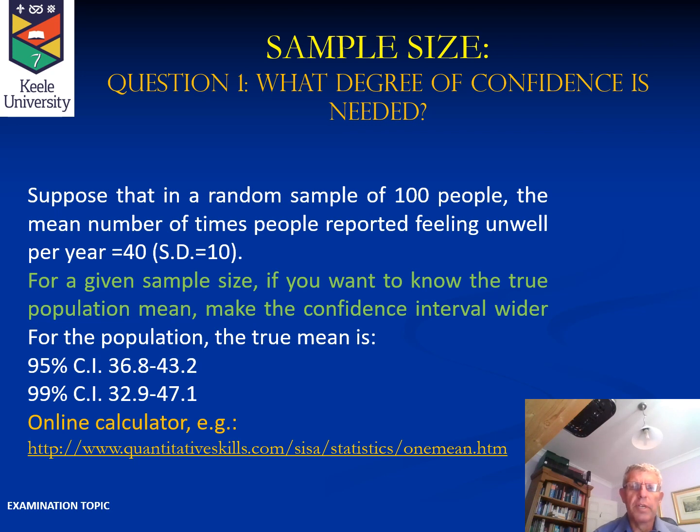So for example, here we can see that the 95% confidence interval is 36.8 to 43.2. So we can be 95% sure that it lies between those values. If we want to be more sure, for example, 99%, then the confidence interval will be wider. It will be 32 to 47. So we can be 99% sure that it will lie between these two values.